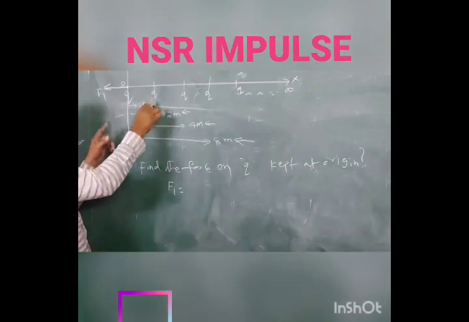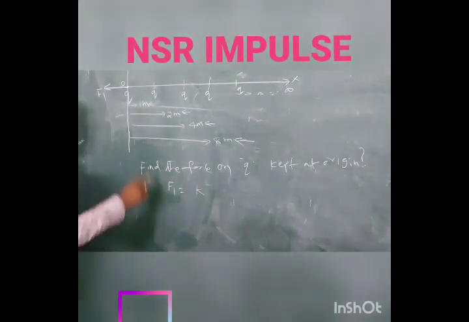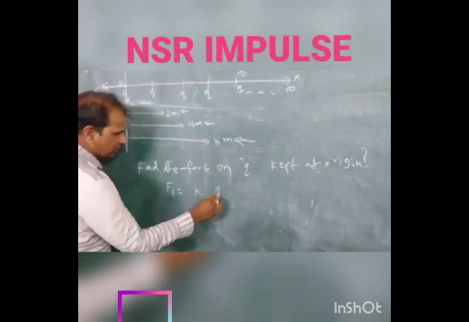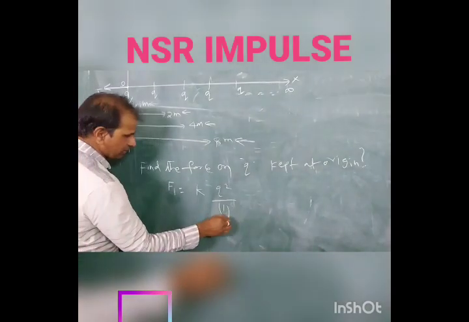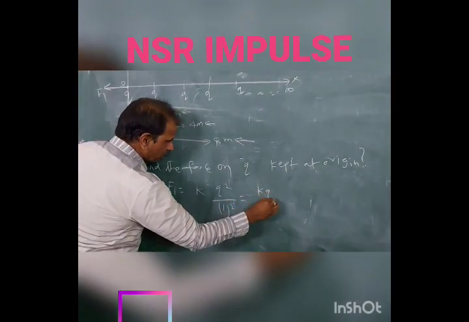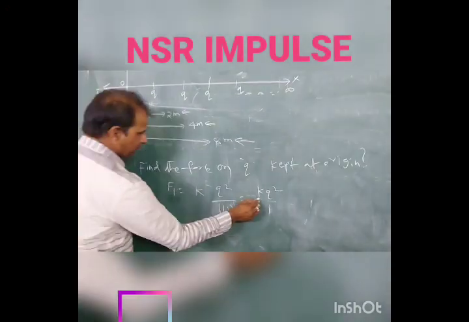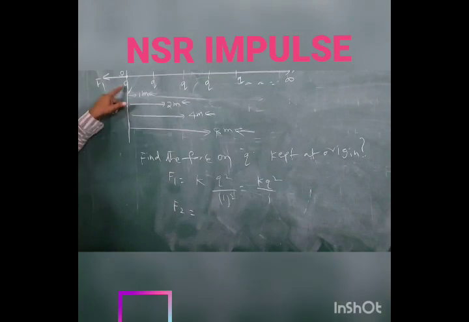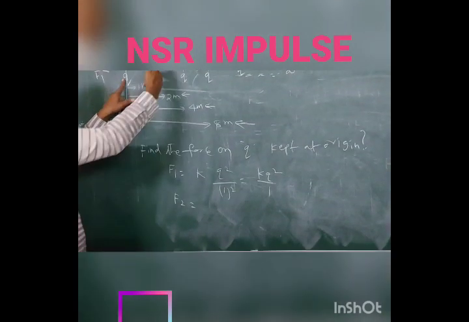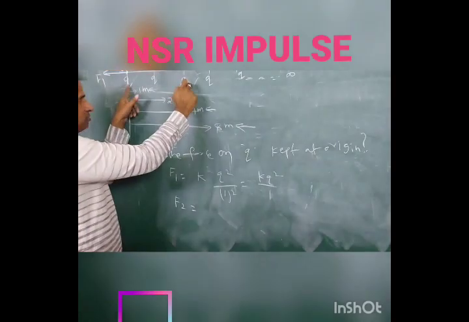F1 between these two charges is equal to K times the product of charges, Q square by D square, 1 square, is equal to K Q square by 1. Next, F2. This charge will also be repelled by this charge, because both have positive charge.